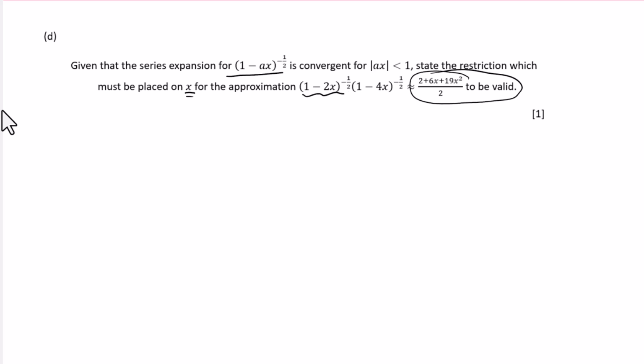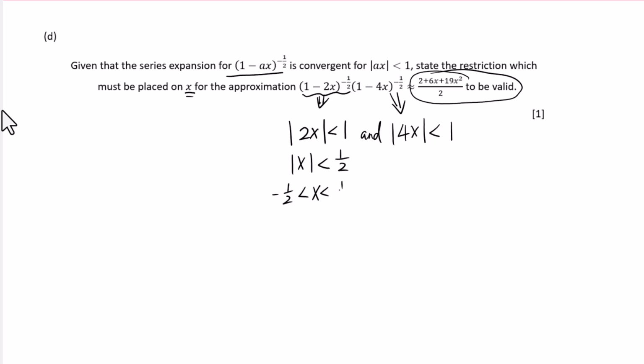From this, we can get a restriction: absolute value of 2x less than 1. From here, we can get a restriction: absolute value of 4x less than 1. Let's solve these two and get the intersection. Absolute value of x less than 1 over 2, so x greater than negative 1/2 and less than 1/2.